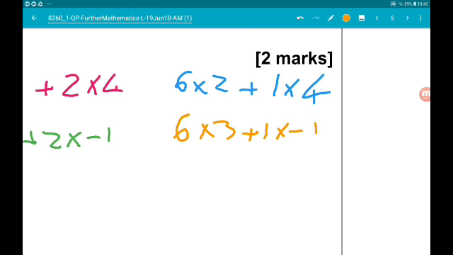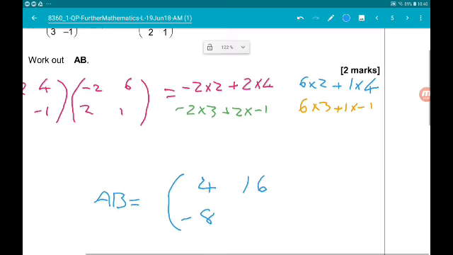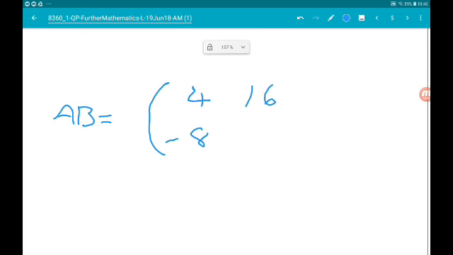So that's going to give us 6 times 3 is 18. 1 times minus 1 is minus 1. So that is going to give us 17. So that is our matrix AB.